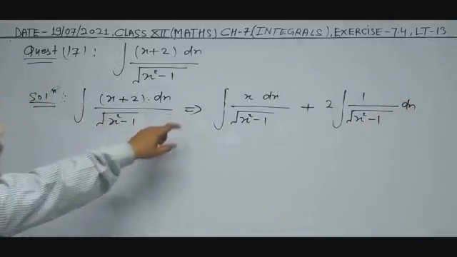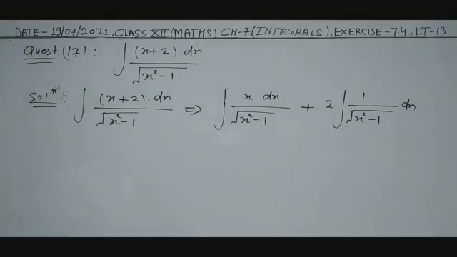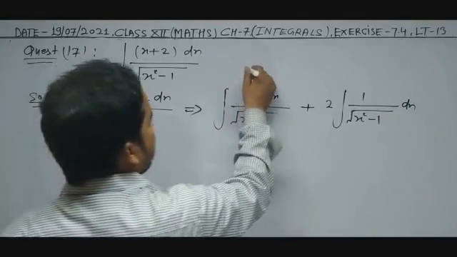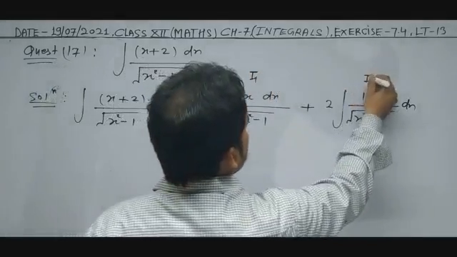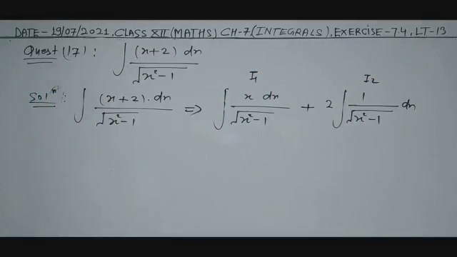Now we have split the integration into two integral parts. Now we have to integrate. Suppose this first part integral is I1 and this is I2. We have to integrate separately.